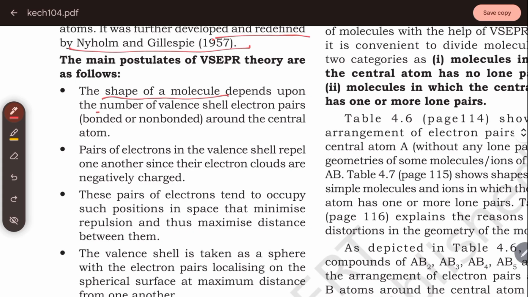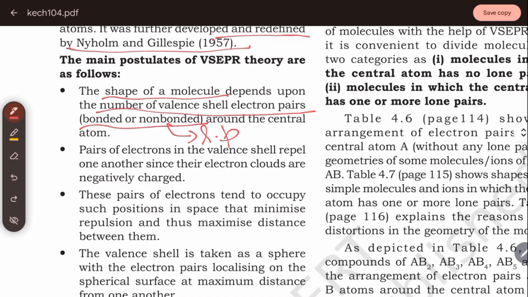The main postulates of VSEPR theory are: the shape of the molecule is dependent on the number of valence shell electron pairs, that is, how many electron pairs there are, whether bonded or non-bonded. Non-bonded means they can exist as lone pairs around the central atom.